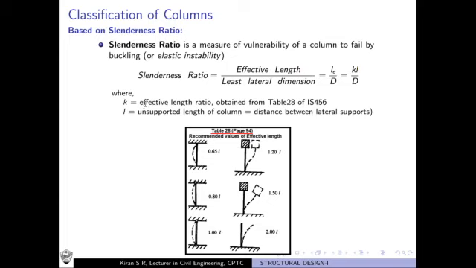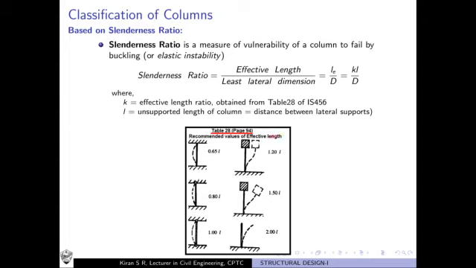So where do you get the effective length ratio K? K can be easily obtained from Table 28 of IS 456. You refer to page number 94 of IS 456. There you will observe Table 28, in which both theoretical as well as recommended values of effective length are given.